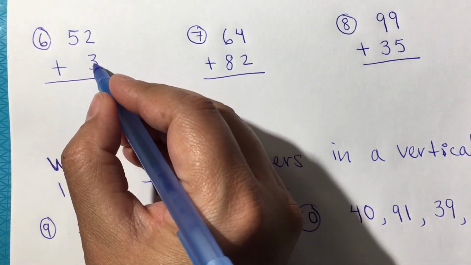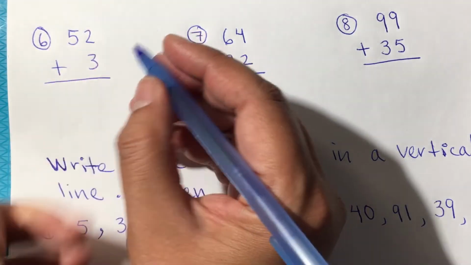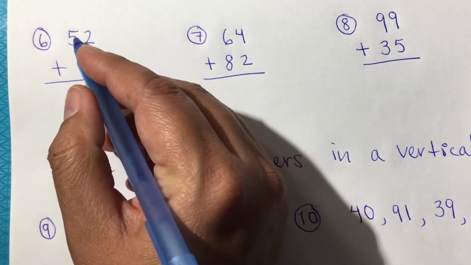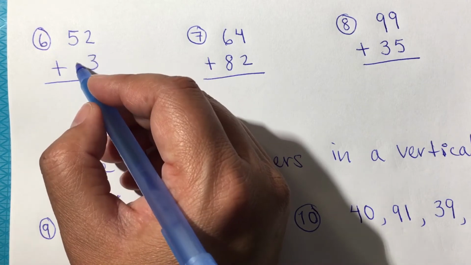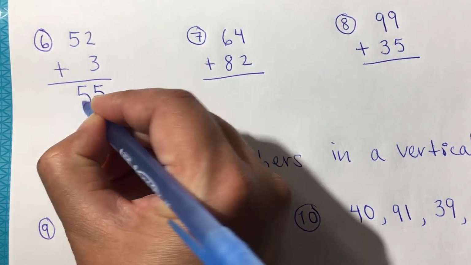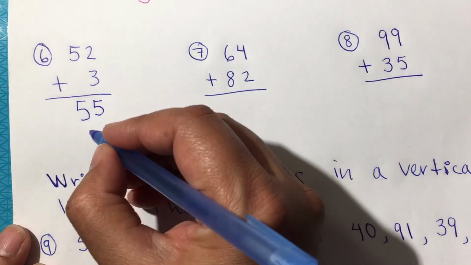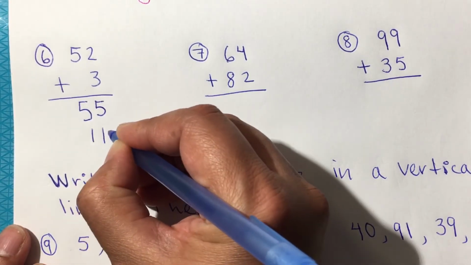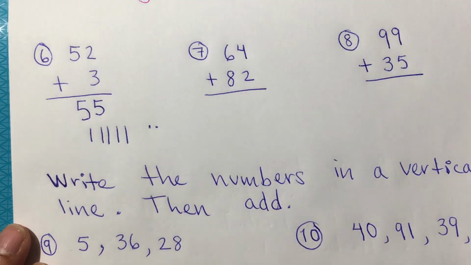Okay, for this one, 3 plus 2, 3, 4, 5. And since we don't have anything in here, it's like there is a 0, so 5 and 0 is just 5. So that's all you have to do. For the model, you have 52, so 1, 2, 3, 4, 5, and 2 ones.